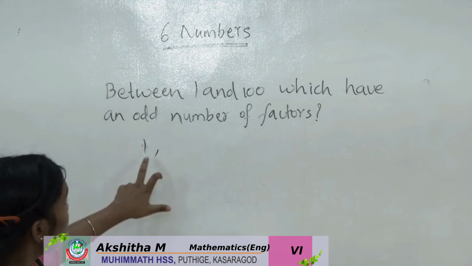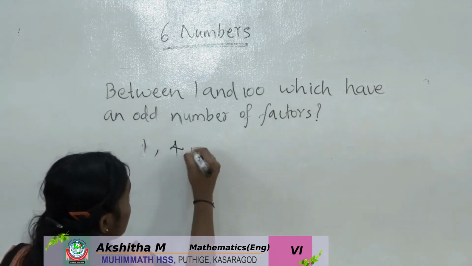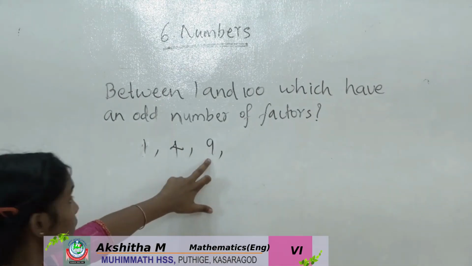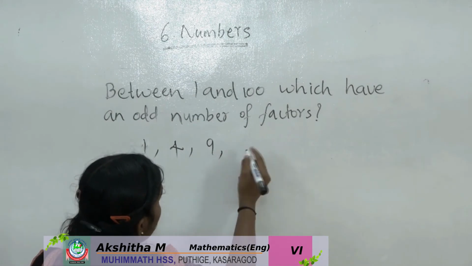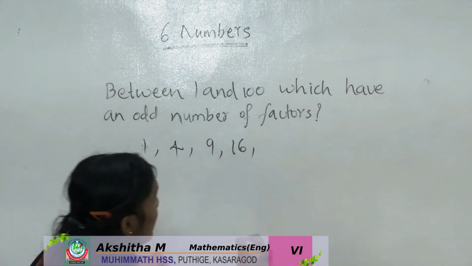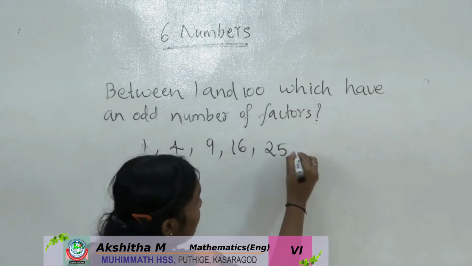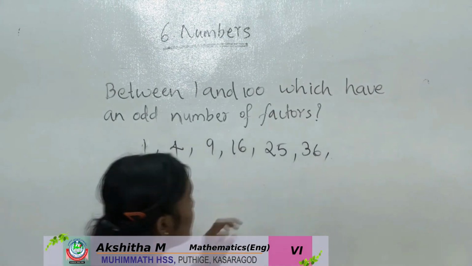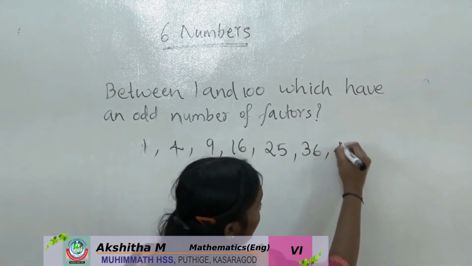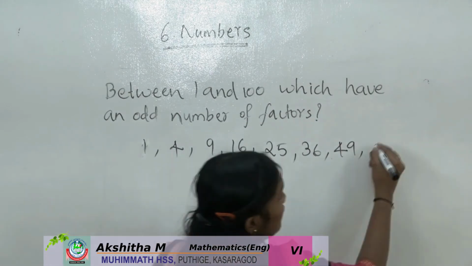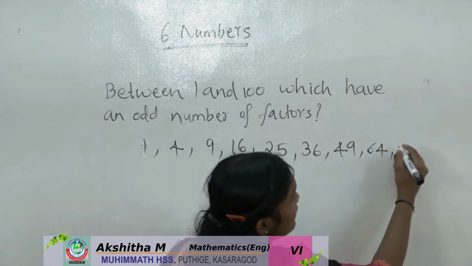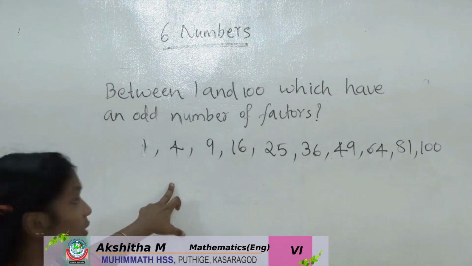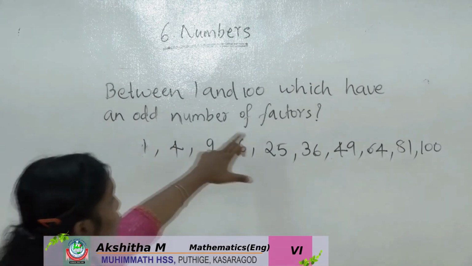So 2 twos are 4, 3 threes are 9, 4 fours are 16, 5 fives are 25, 6 sixes are 36, 7 sevens are 49, 8 eights are 64, 9 nines are 81, and 10 tens are 100. So these are the numbers with an odd number of factors.